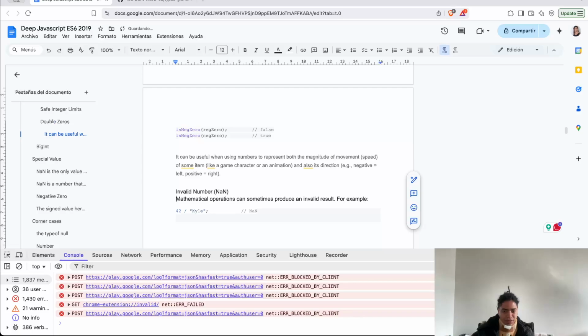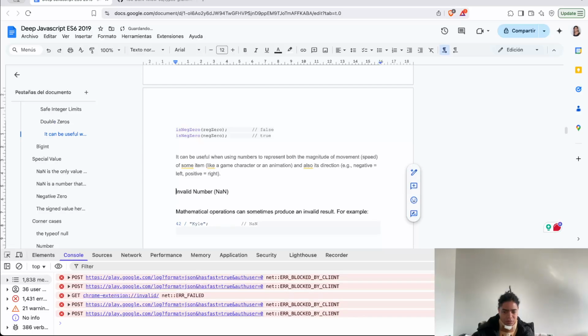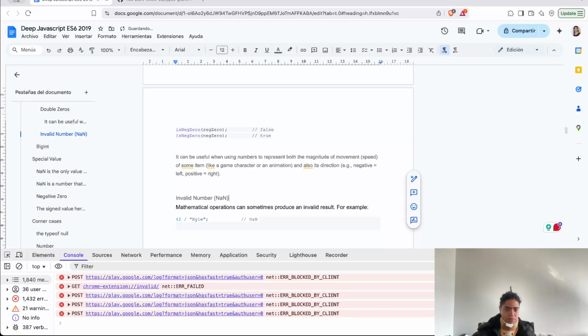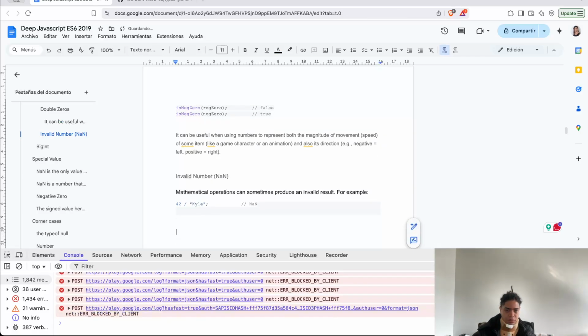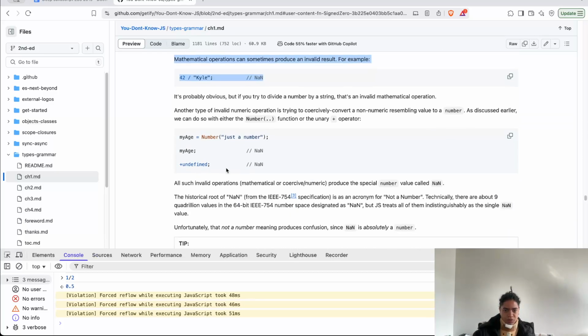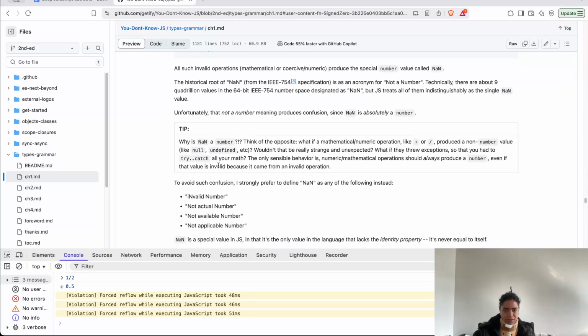So mathematical operations are going to produce that. Why is NaN a number? Think of the opposite.